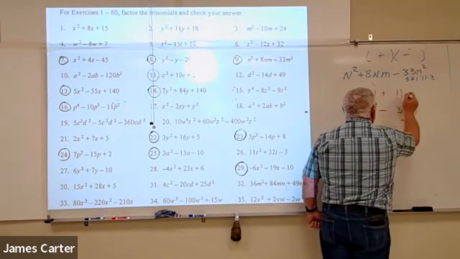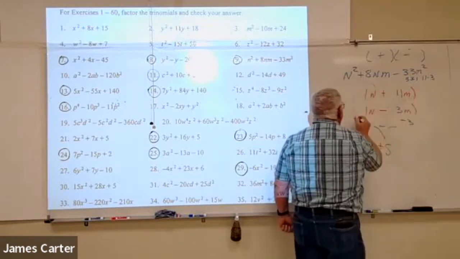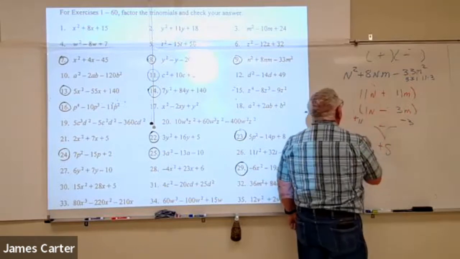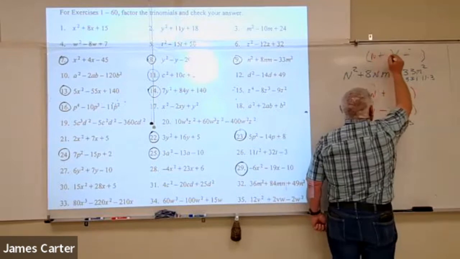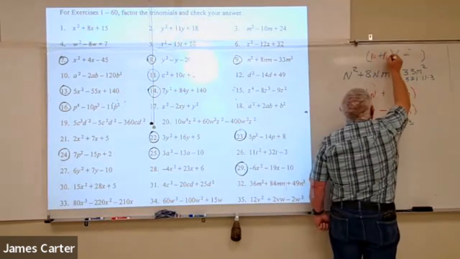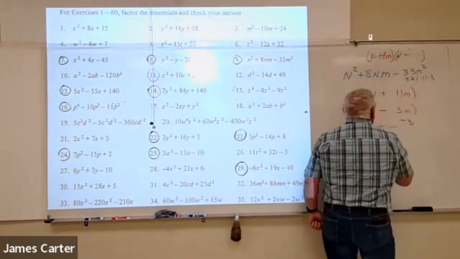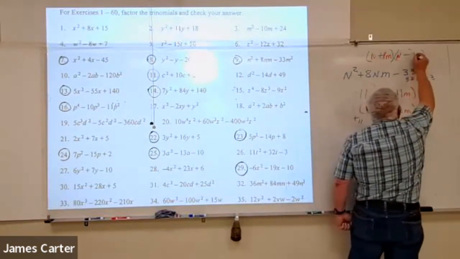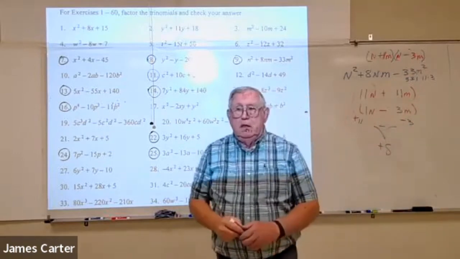Oh, that's an 11, not a parenthesis. So my answer then is n plus 11m and n minus 3m.